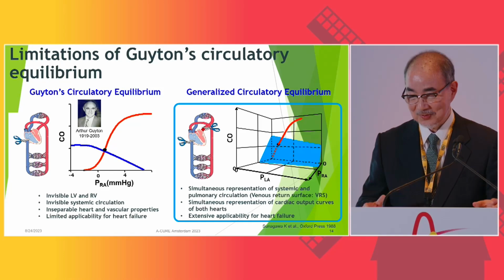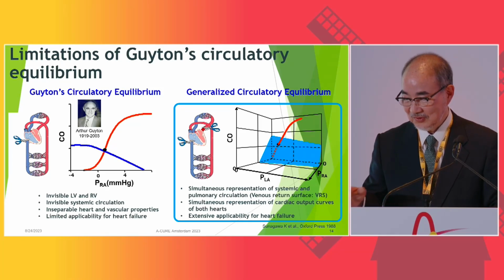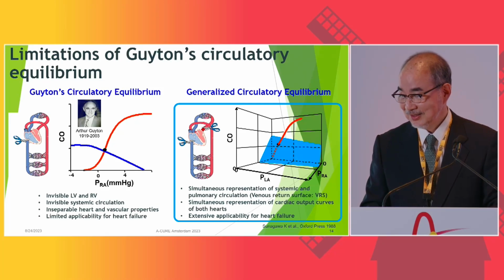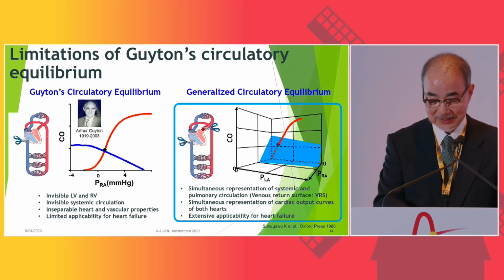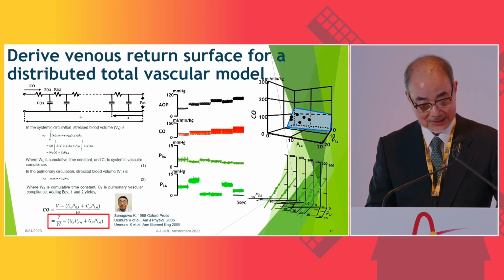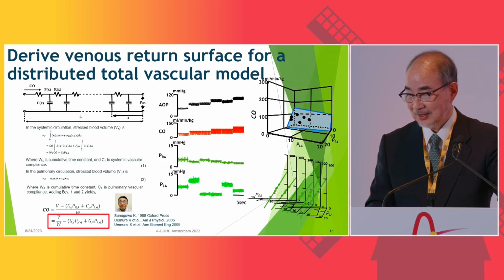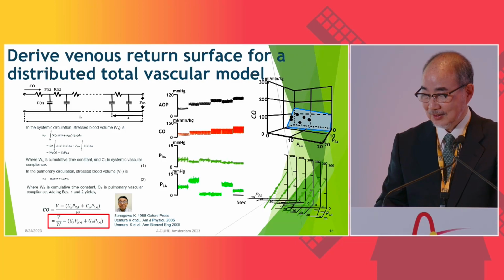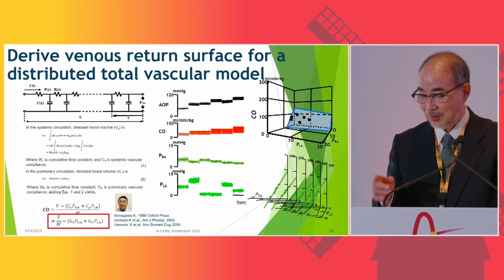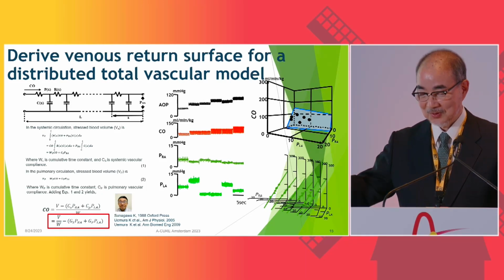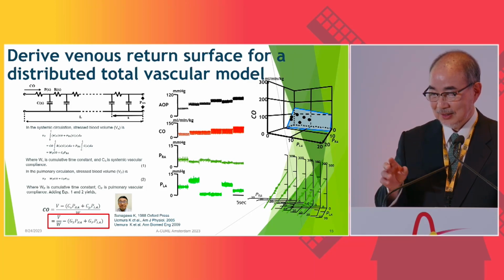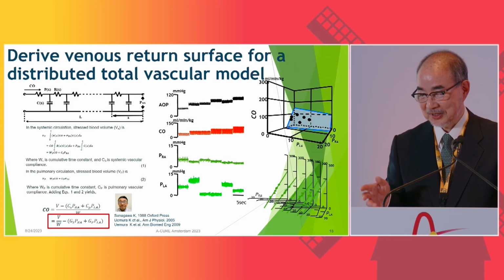So intuitively, the blue venous return curve will be a venous return surface. But it's not proved, so it's just an intuitive feeling. So I introduced a very general vascular model that is a resistance and compliance combination, almost a cable type of thing. If an increase in flow results in an increase in pressure, it is proportional.